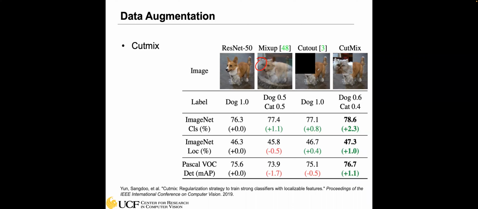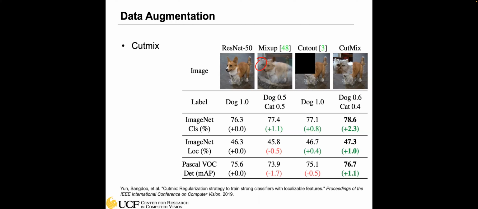Cutout is the same idea. We cut one region, so now we are not depending on the head, which has a very important feature to determine a dog. Here we don't have that, so we force the network to look at the other regions, maybe the body, the tail, the leg, etc., to learn meaningful representations to recognize this is a dog, okay?